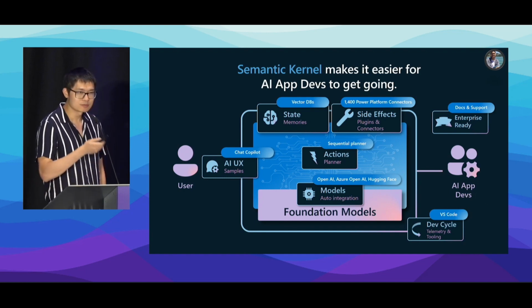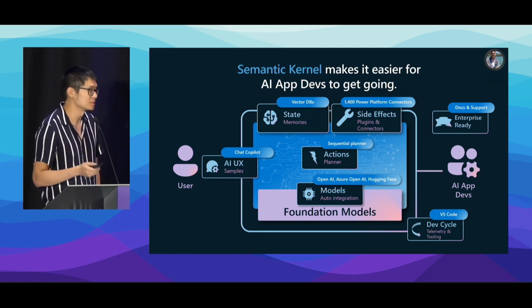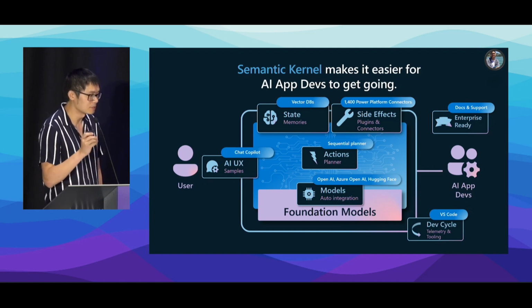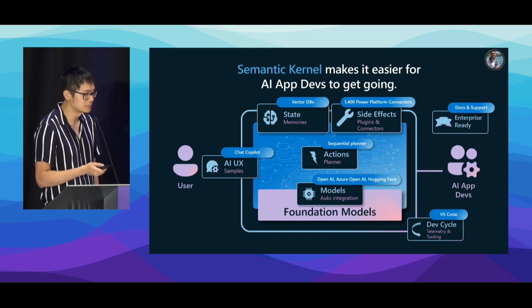And yes, while Microsoft and OpenAI are very tied at the hip, we also support the open source models that are out there. So if you have a model on Hugging Face, or if you've built your own and you just want to host it behind some endpoint, you could bring that to the semantic kernel very easily.